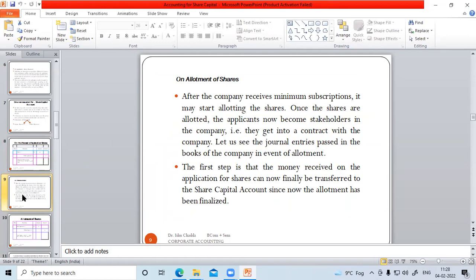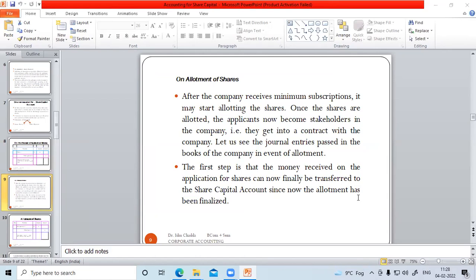If you receive subscription of share capital more than that, you have oversubscription, and if you receive less, you have undersubscription. Once you allot the shares, they become stakeholders of your company and enter into a contract with the company.